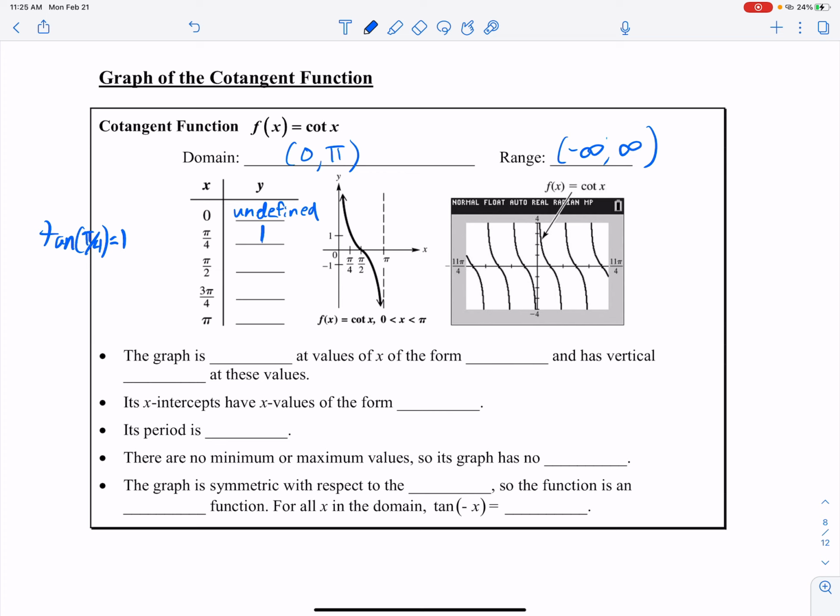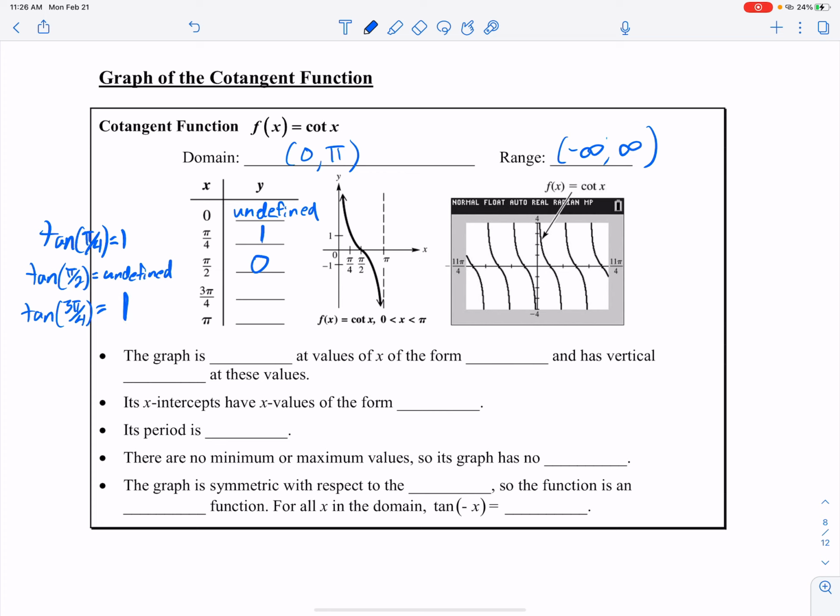Pi over 2 for tangent. Remember, tangent for any pi over 2 was undefined. I don't know if you guys remember this from doing slope in pre-calc 1, but when I have an undefined ratio and I flip it over, what value does it get? 0. 0, yeah. Tangent of 3 pi over 4. I'm just thinking of my signs.